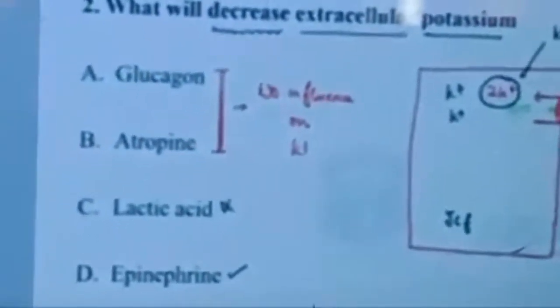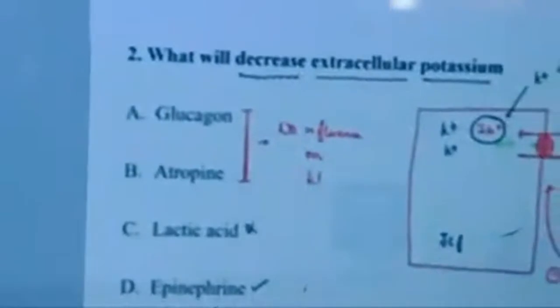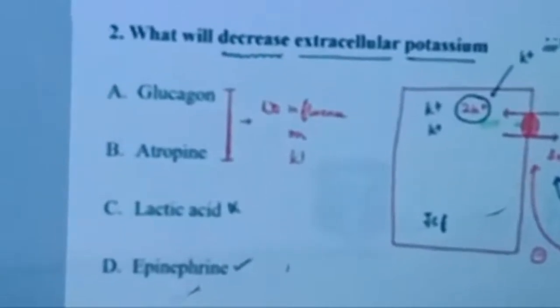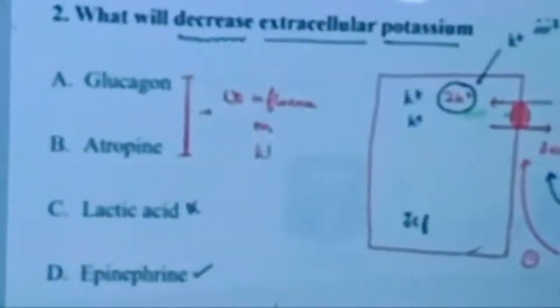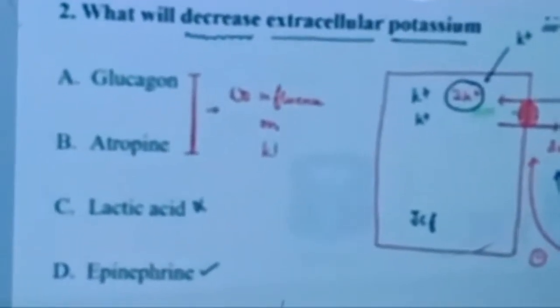Okay, so lactic acid can't be there, and atropine causes bradycardia, and potassium also causes bradycardia. So atropine usually decreases the level of potassium, not increases. Then epinephrine can be the answer because it causes increased potassium level outside the cell. And glucagon can't be there because it also increases the potassium outside the cells.